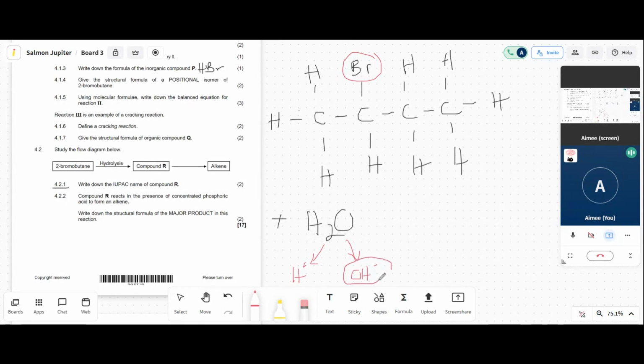This OH then moves into this position, and this bromo bonds with the leftover hydrogen.